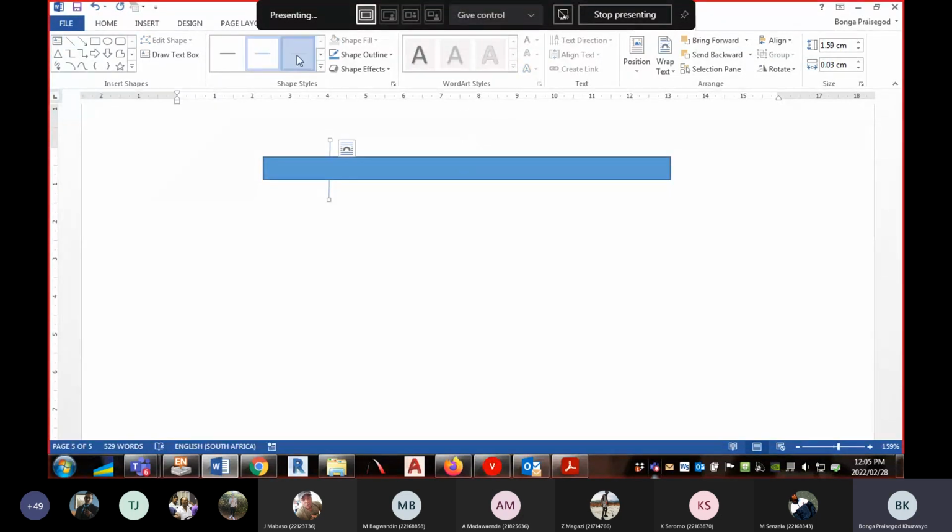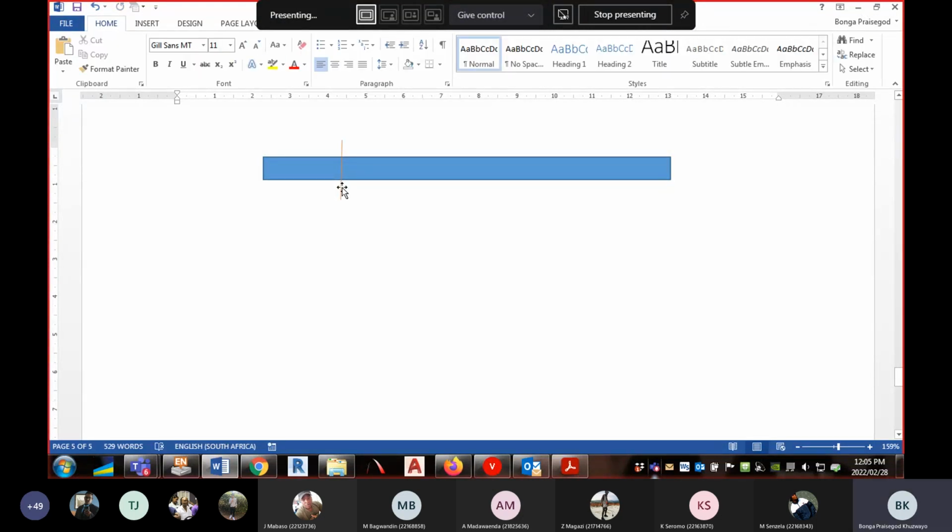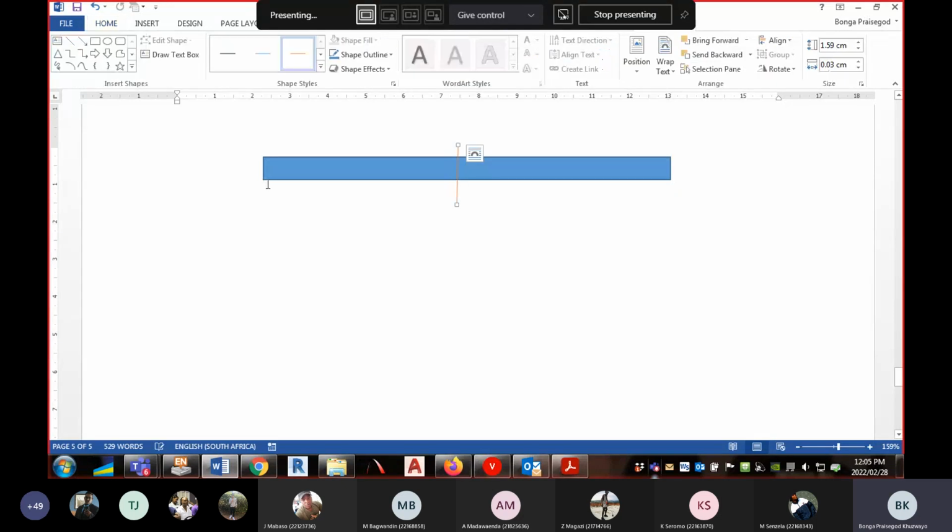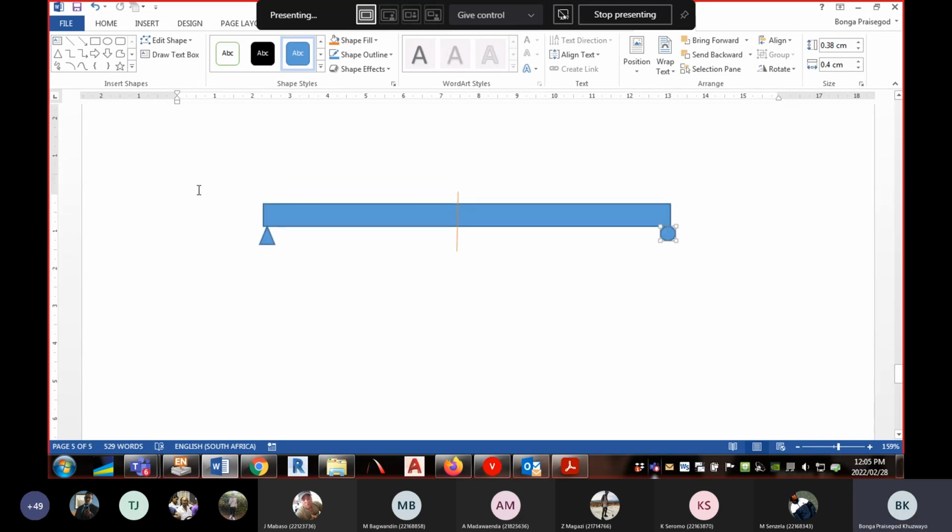This is the section that I'm considering, so that's where I'm going to cut. Let me move it slightly. Obviously there's a support on the left and a support on the right. Let me show the supports to make our life easy. There's a support on the left, and another support on the right hand side. So here's a simply supported beam.